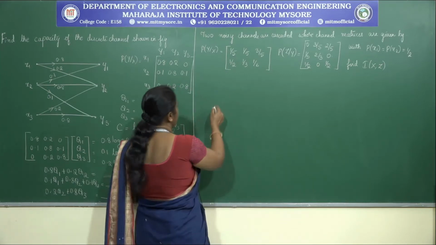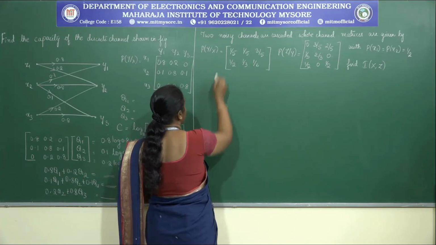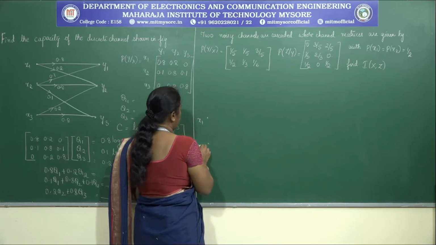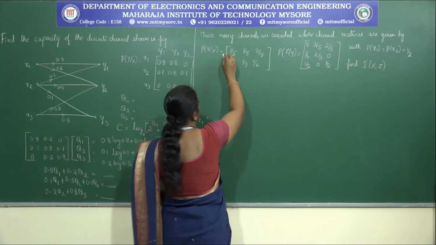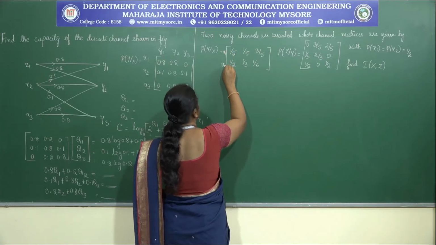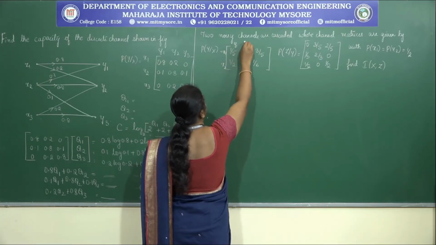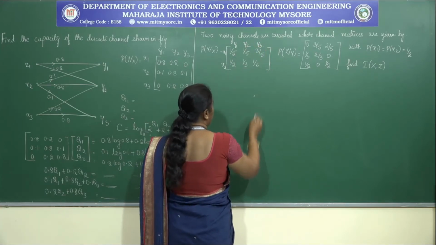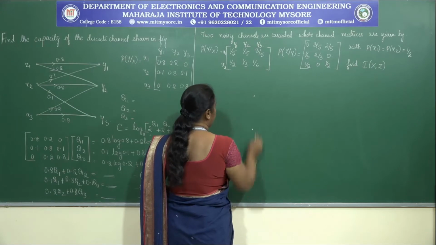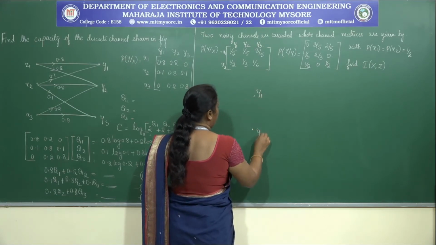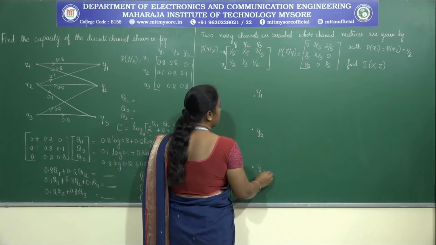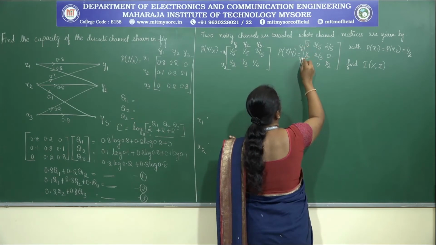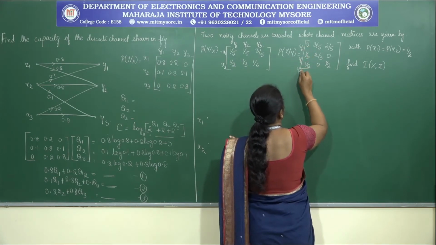So we have two inputs, x1 and x2. This is your x1 and x2, and this is your y1, y2 and y3. From y1, y2 and y3 it is cascaded to z.